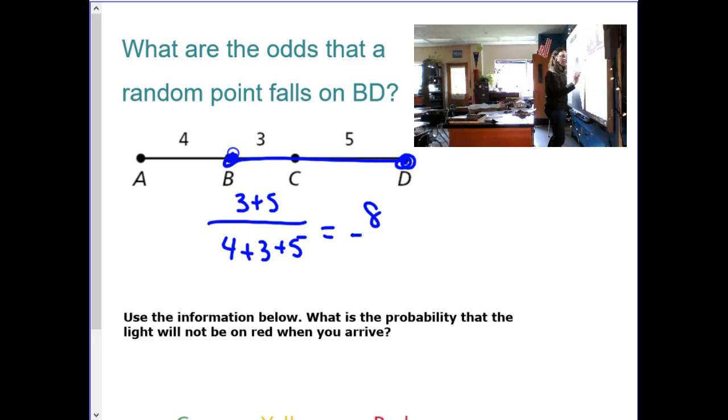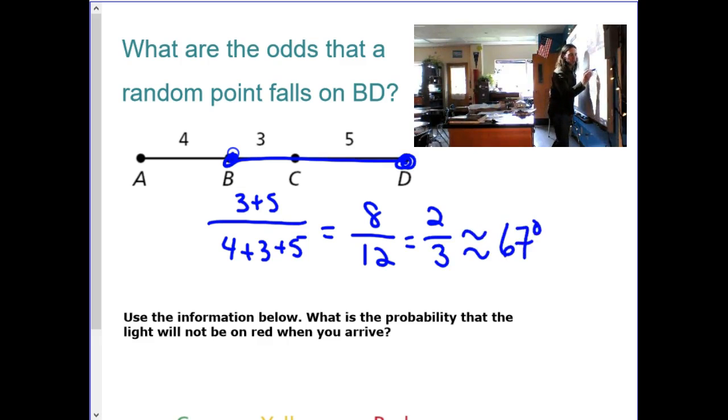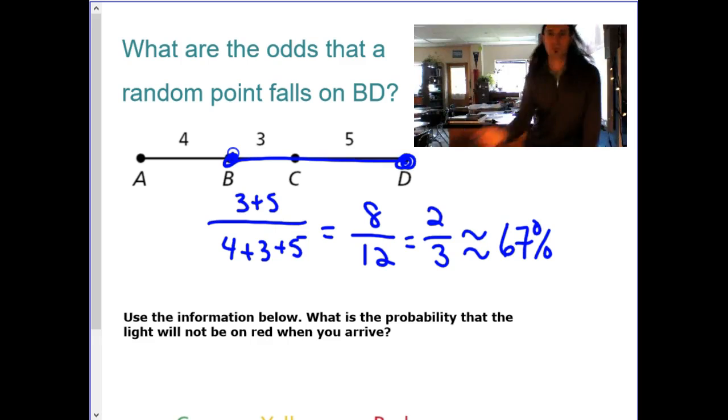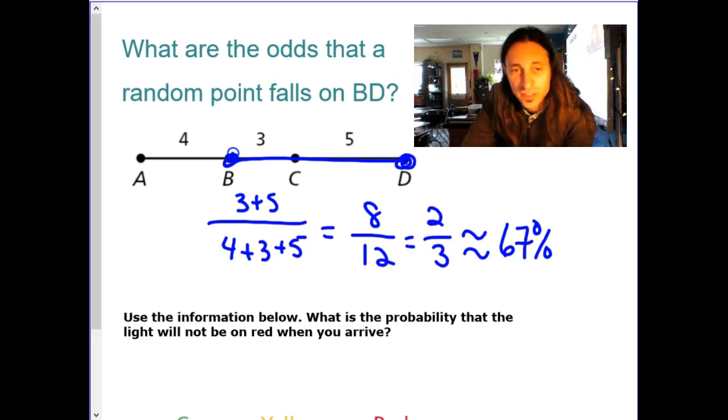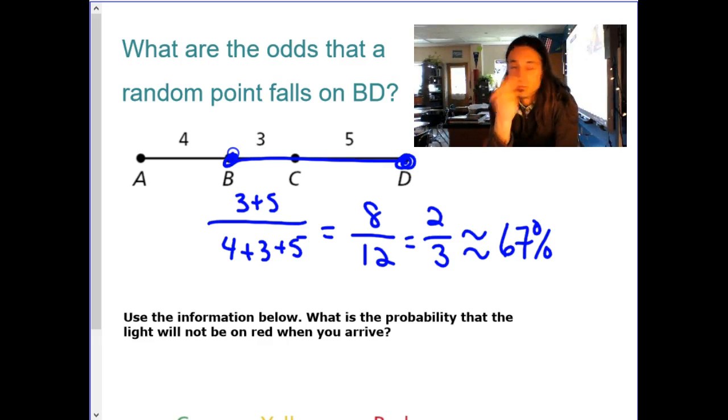So that would be 8 out of 12, which is really 2/3, which is roughly 67%. Sound reasonable? So this is how you apply probability in one dimension, because you're talking about a line. Time is one dimension. Height is one dimension. Any length is one dimension.